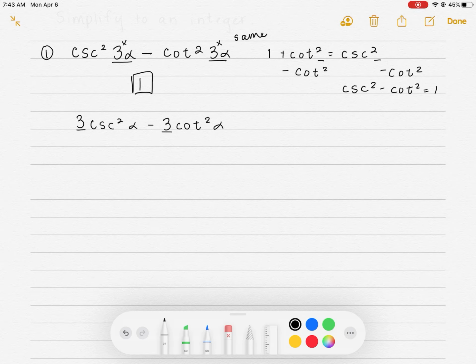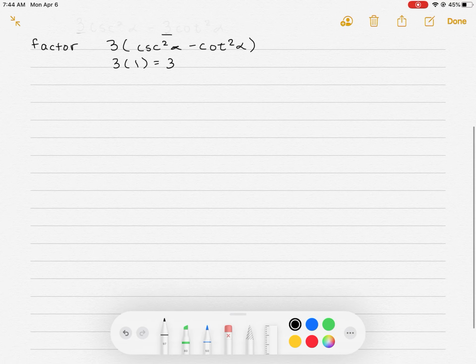So if there's a leading coefficient, you factor that out first. So you have 3 times the cosecant squared minus the cotangent squared of alpha, which then gives us 3 times 1, which is 3. Now in your homework, I only ask for the answer, not the work, so you would just show me that.